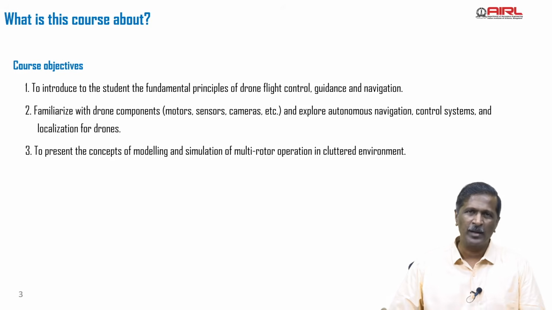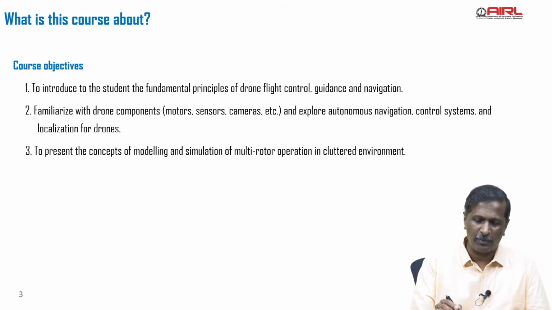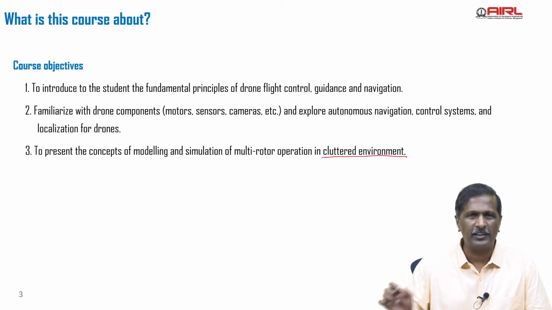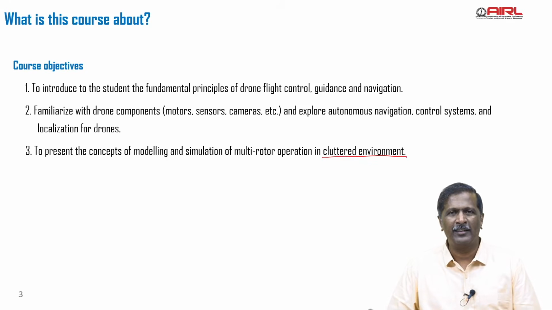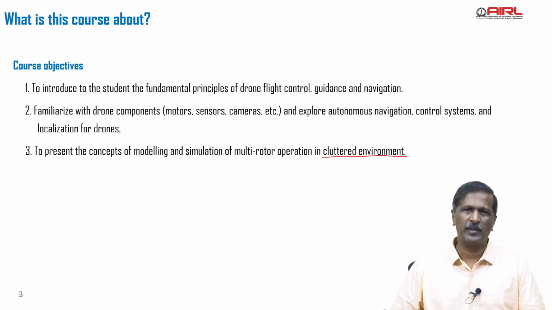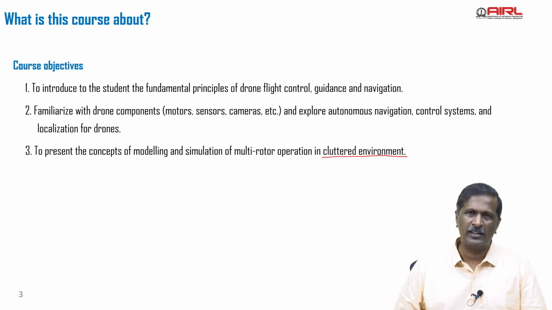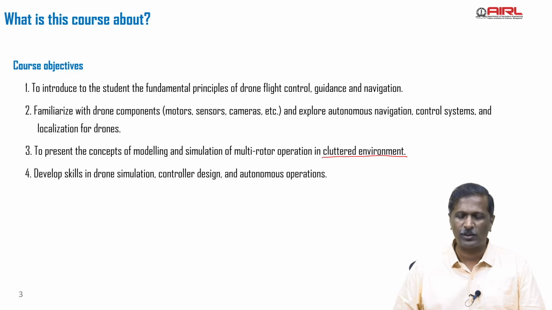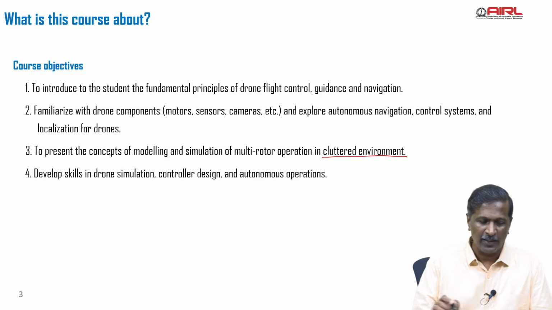The moment you talk about a cluttered environment, what we are really focusing on is operating these drones in an urban kind of scenario, or operating these drones in forest regions where obstacles could be present and keep moving. How do we detect obstacles? How do we navigate through obstacles? All those aspects we'll be talking about.